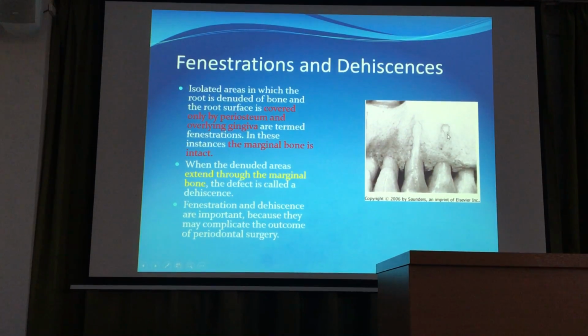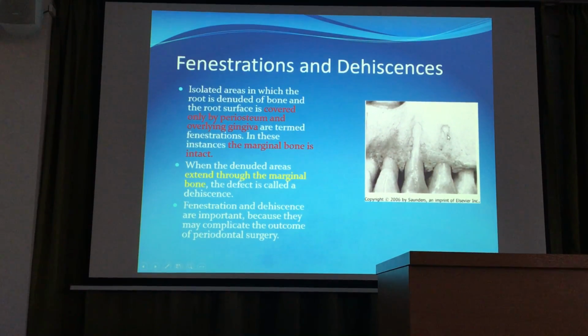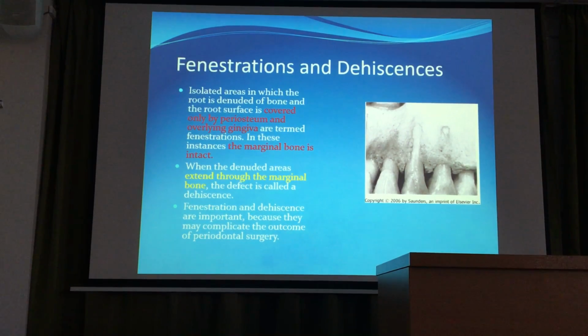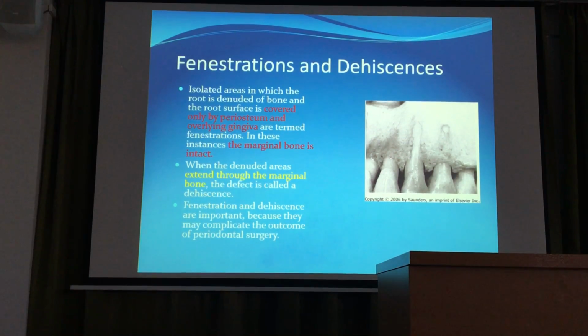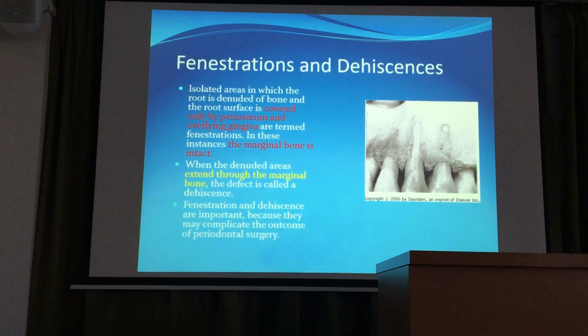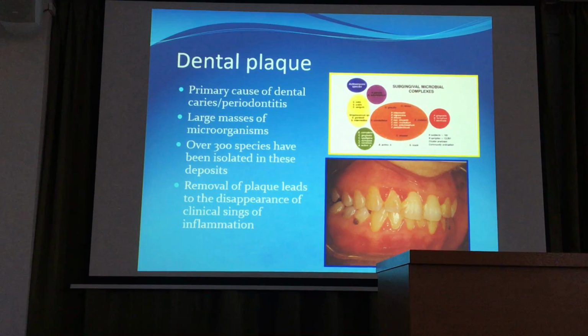So it's an anatomical situation, but it's not optimal for us, because if we have a mild inflammation, the mild inflammation can produce a huge gingival recession, which is really hard to correct. So this is the importance of these conditions.